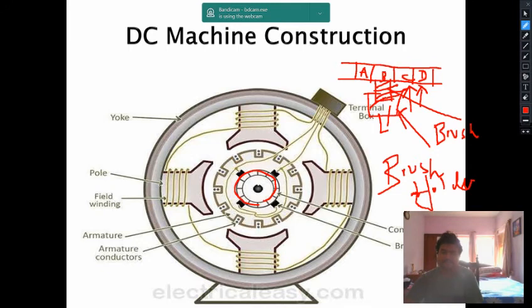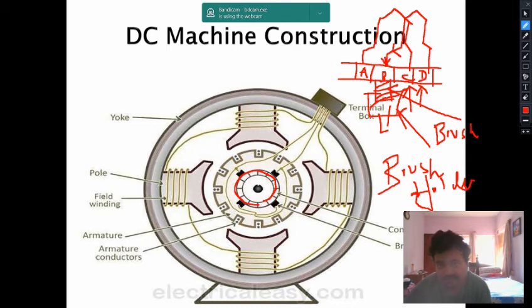So what happens when the windings, let us say, so this is how the windings are oriented. Now when the brush is at position B, you see what will happen.